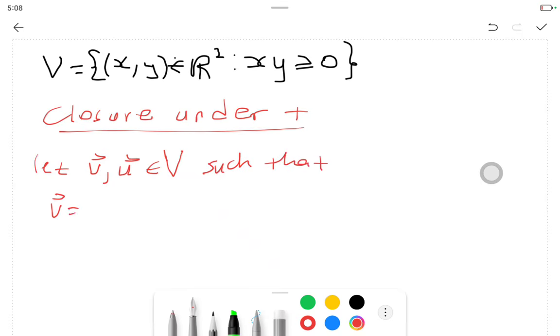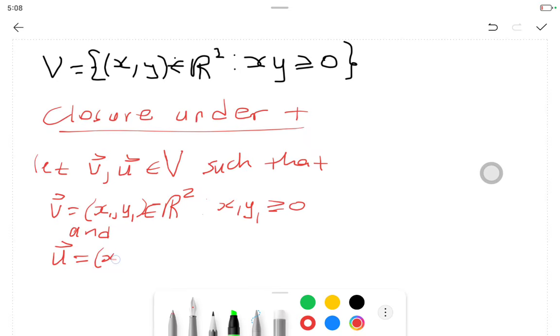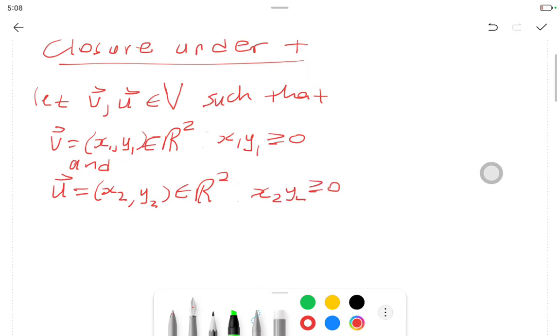V is equal to (x1, y1), which is an element of R squared, such that x1 y1 is greater than or equal to 0, and I let U be equal to (x2, y2), which is also an element of R squared, such that x2 y2 is greater than or equal to 0, right?